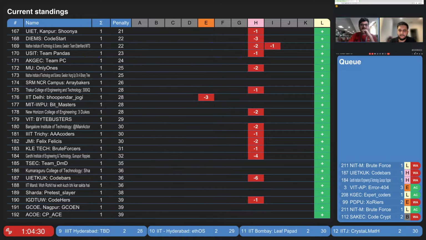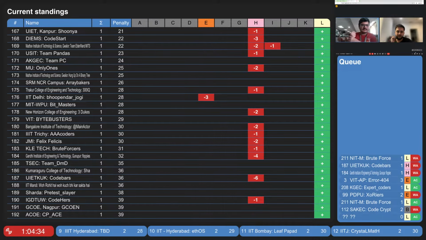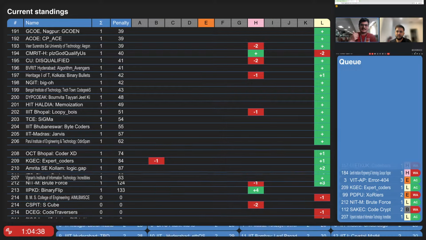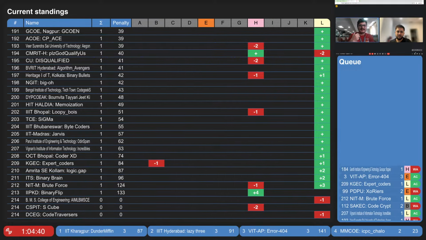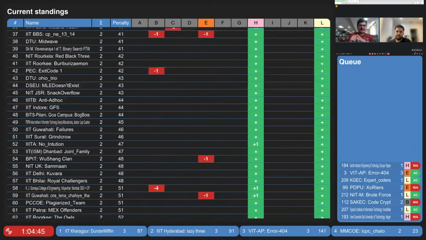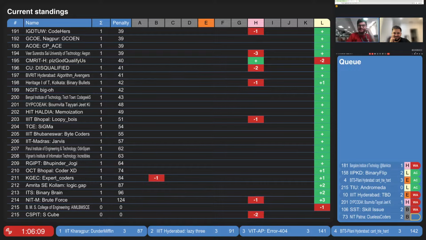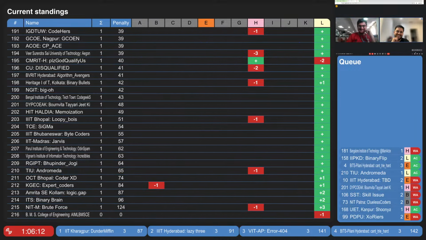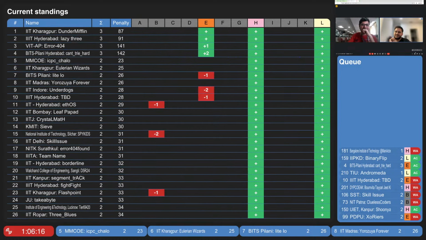My prediction is that top teams will solve 5 to 6 common problems, and then everyone will find something based on the topic of their liking and move to that problem. Nice. Yeah, that's a nice observation.